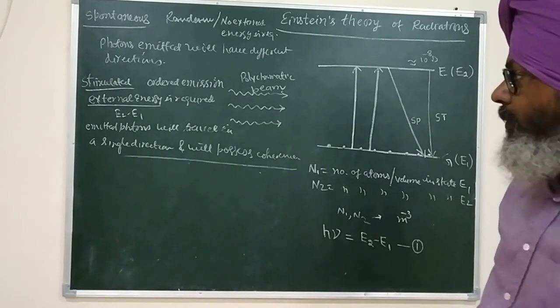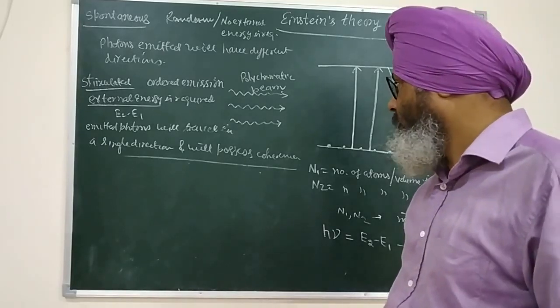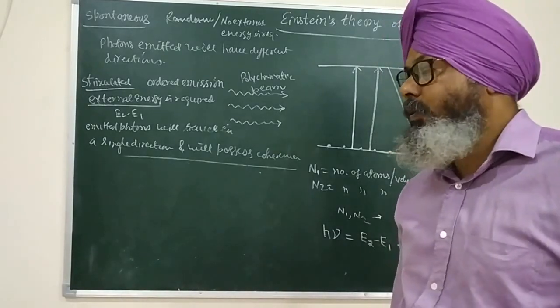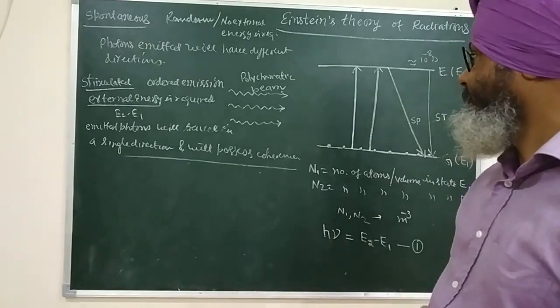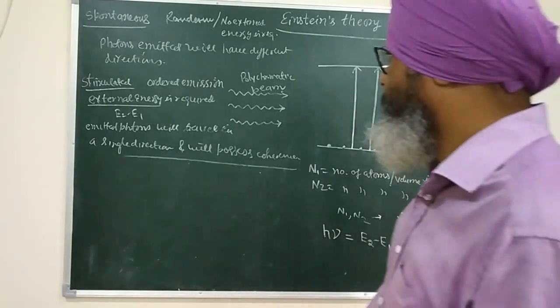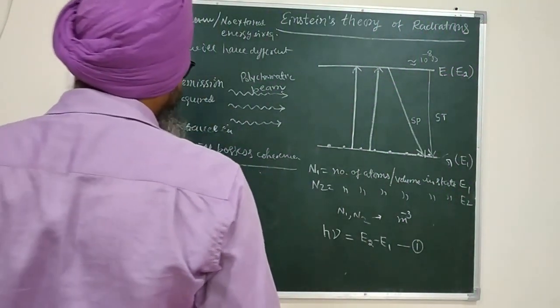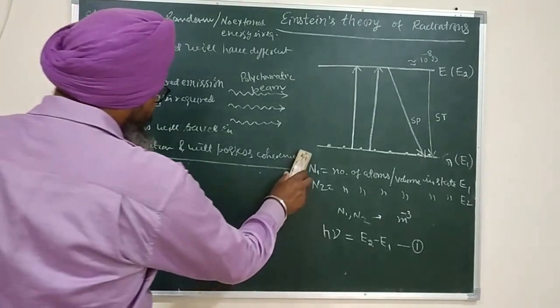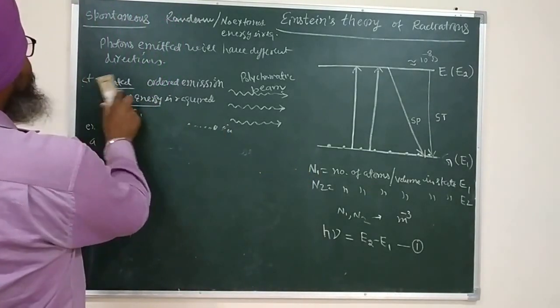All these photons will have the same energy, the same direction, and will be coherent with each other. So that is the difference between spontaneous and stimulated emission. Okay, now I am going to erase this.